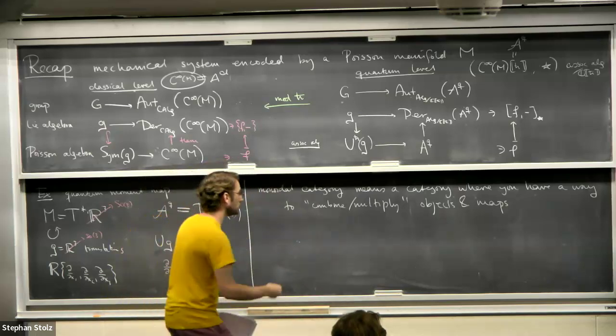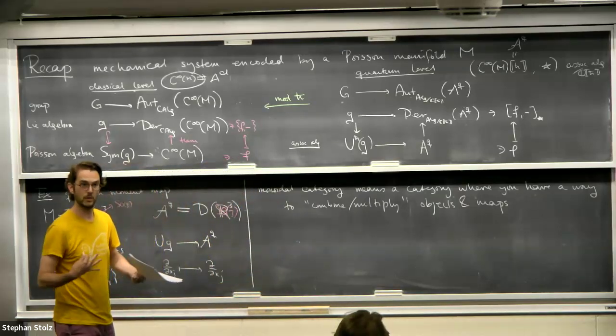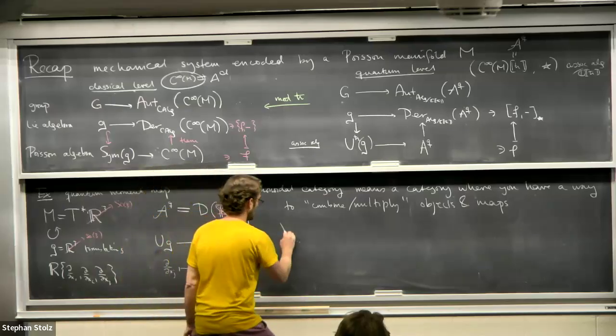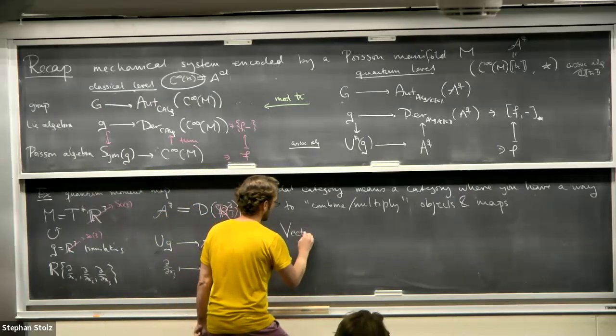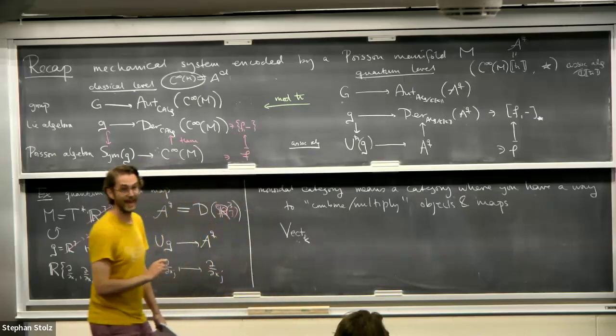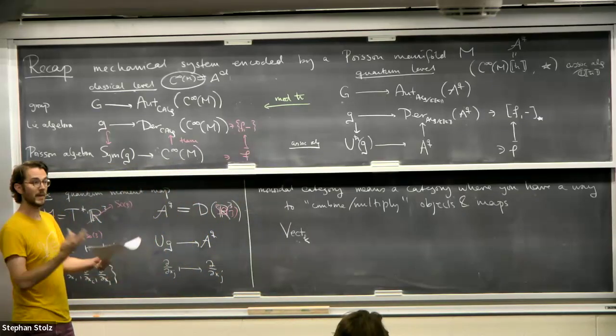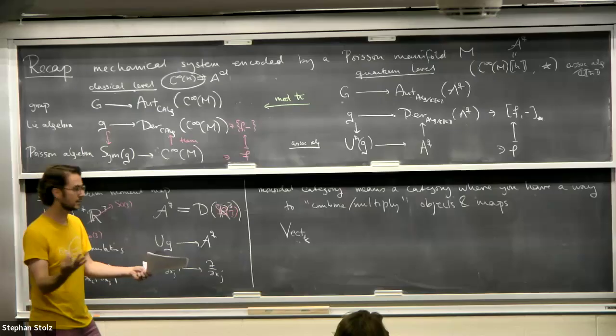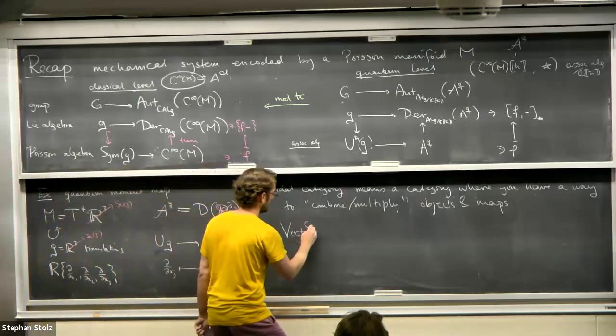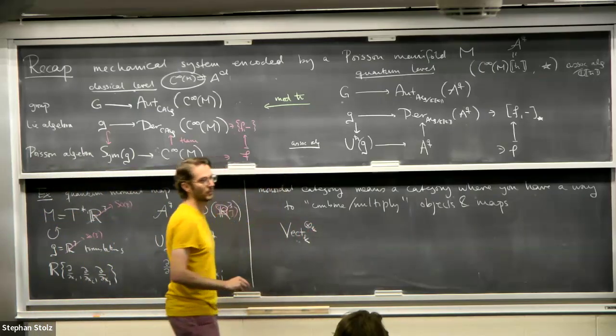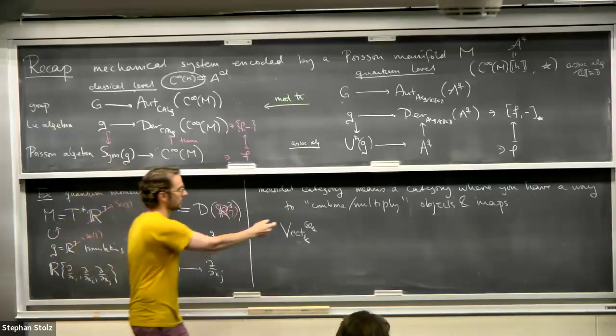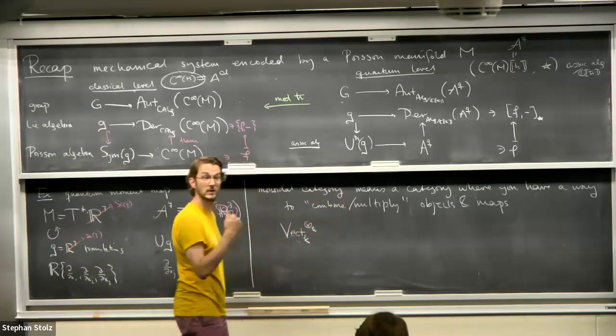So I'm going to write examples that I hope will give you the flavor of what's going on. You could think about the category of vector spaces over some field K. And there's some way of making new vector spaces by taking the tensor product. Right, so the tensor product is the way of multiplying objects, and you can tensor maps too.